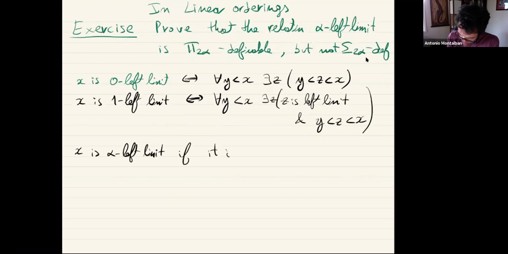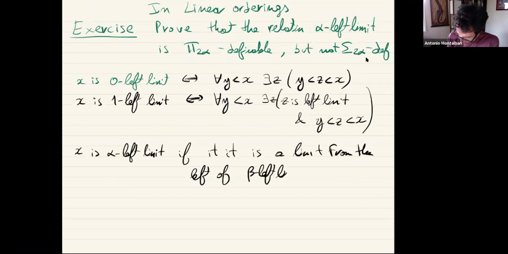if it is a limit from the left of beta left limits for all beta less than alpha.